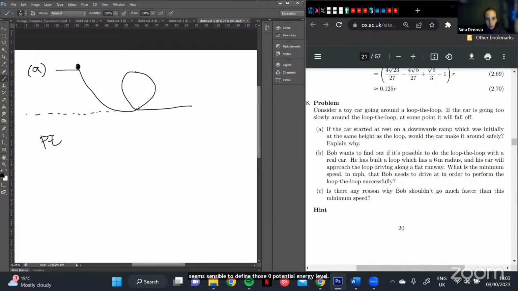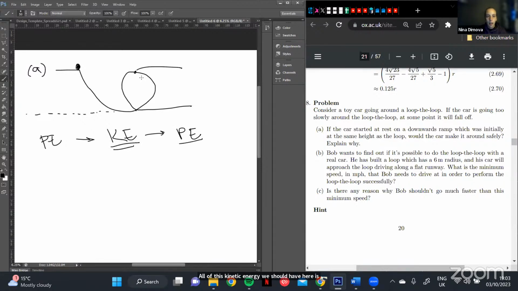As it goes down the loop, when it reaches this point, all of the potential energy is converted to kinetic energy. This should be a pretty familiar concept. Then as it goes up, when it reaches this point again, the kinetic energy is transferred back to potential energy. Because this point has the same level as this one, all of the kinetic energy it had here is converted to potential energy up there.